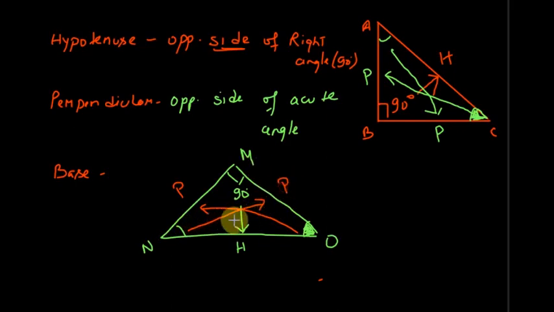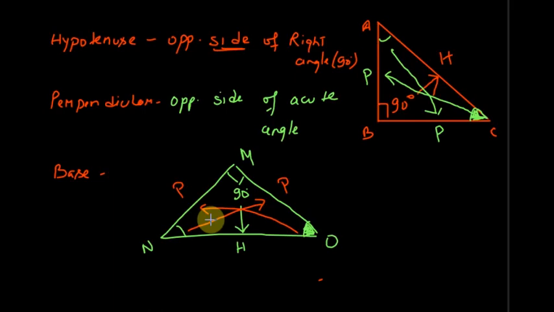Now you might have one doubt: how are we going to know which acute angle to select? That's the main doubt, because we have two perpendiculars in a triangle, right? If we change the acute angle, the perpendicular changes. We'll learn which acute angle to select after completing the meanings of hypotenuse, perpendicular and base.